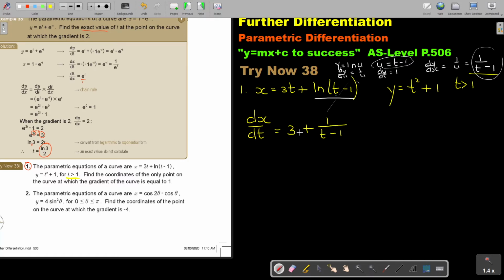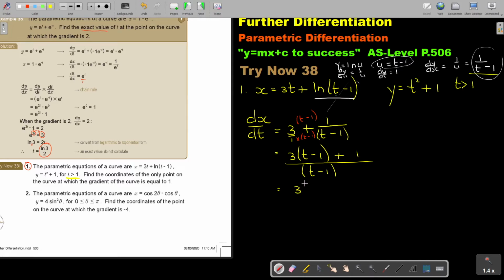Now, usually we don't like 2 terms. We want 1. So put it over 1. Make it like that. Make your denominators the same. So I multiply t minus 1 and on top also t minus 1. Okay. So what do I get? I get 3 times t minus 1, okay, plus 1 over t minus 1.